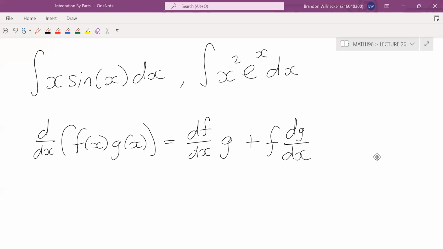So what we're going to do now is integrate both sides.